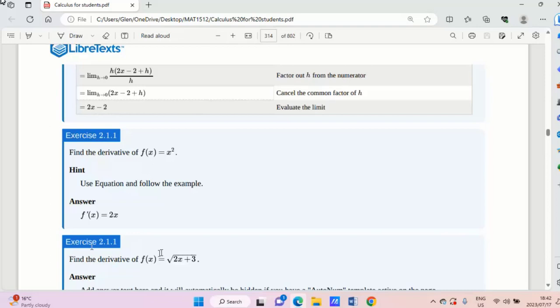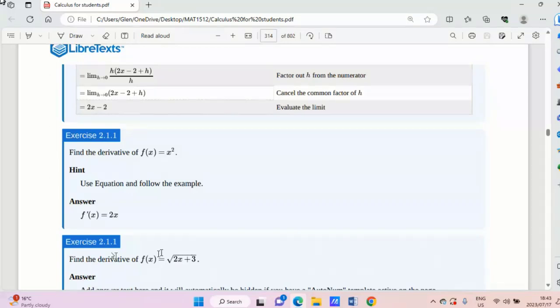So then I proceed to finding f prime x using the formula, which is the limit as h tends to 0 of f of x plus h minus f of x all over h. Then I substituted the function which I found, the square root of 2 into x plus h plus 3, minus the square root of 2x minus 3, all over h.